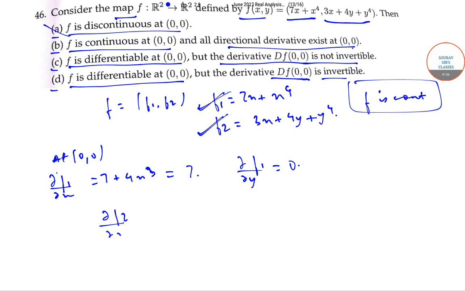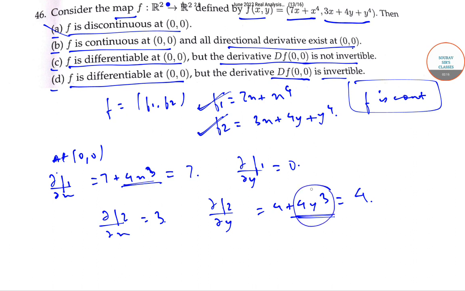Del f2 / del x = 3, and del f2 / del y = 4 + 4y^3, which is equal to 4. Notice that in both of these, since x = 0 and y = 0, these terms vanish away.